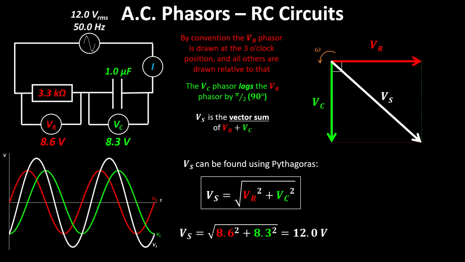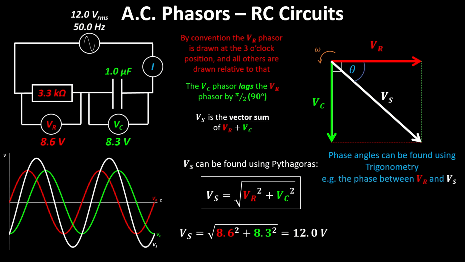We can also find phase angles using trigonometry in this. It'll usually be a phase angle with the supply voltage that you need to find, because resistor and capacitor are always 90 degrees to each other. The capacitor is always pointing downwards.